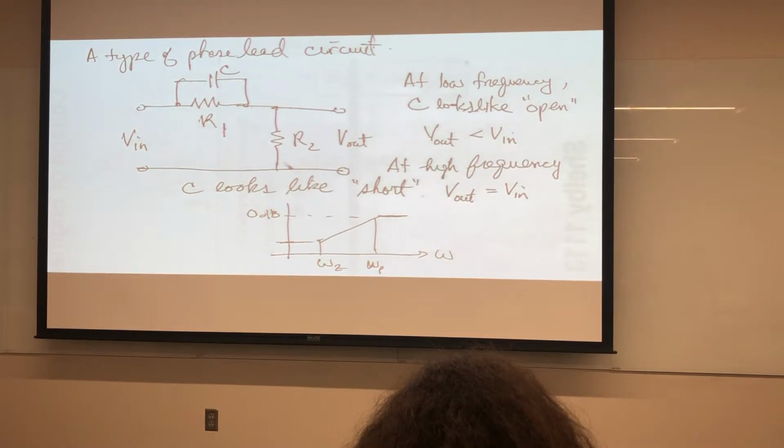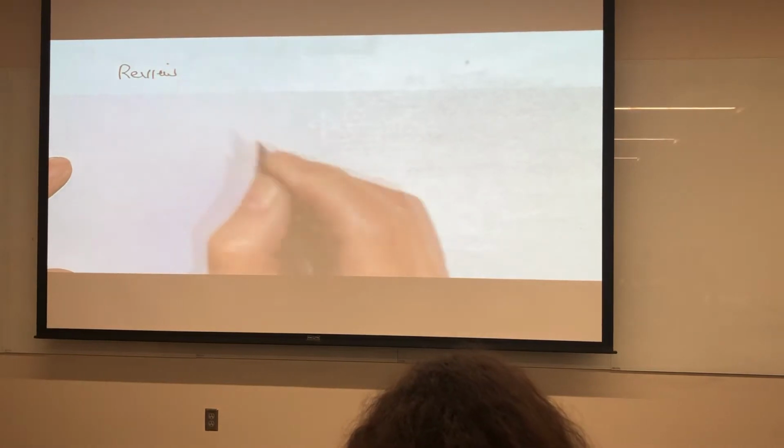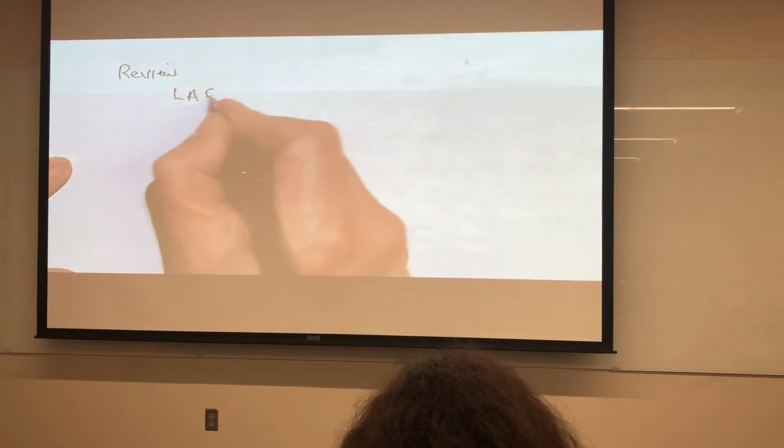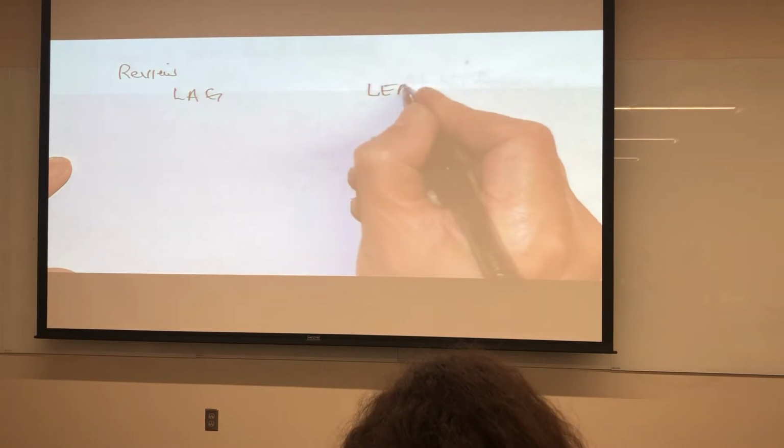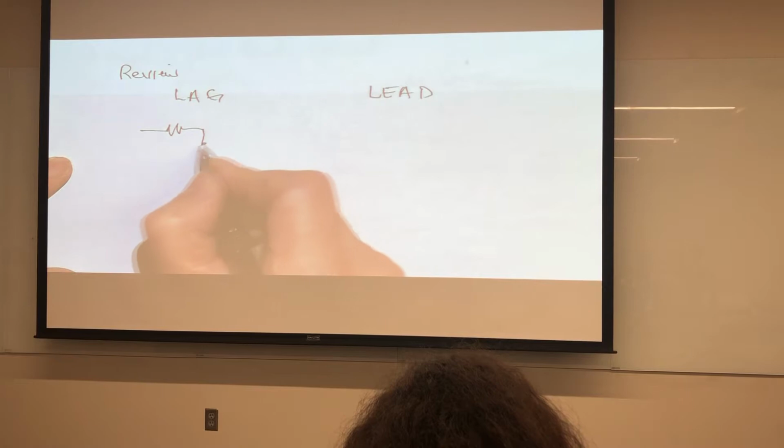So let me review again the lag and put the lead next to it. This is a review. This is the lag, and this is the lead. The lag looked like this.